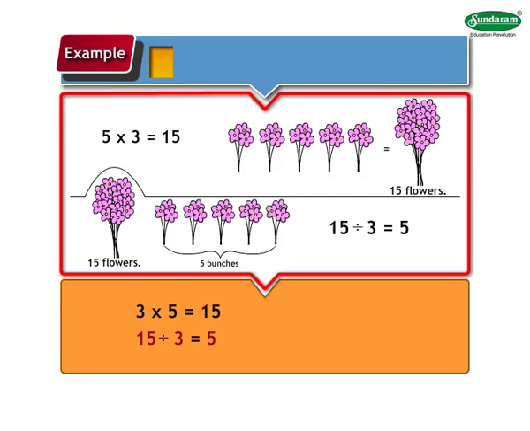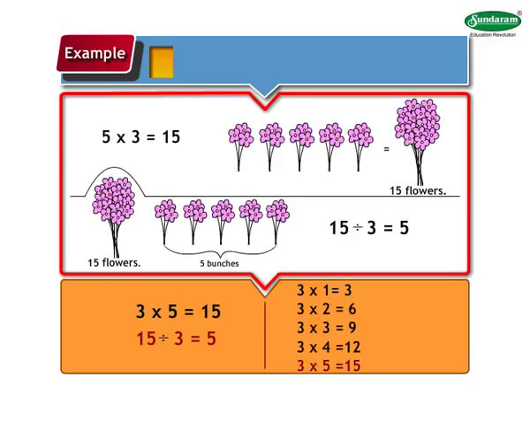From this, we can say that 3 multiplied by 5 is equal to 15, and 15 divided by 3 is equal to 5. 15 divided by 3 is equal to 5 means when we say 3 times table, that is 3 ones are 3, 3 twos are 6, 3 threes are 9, 3 fours are 12, 3 fives are 15.